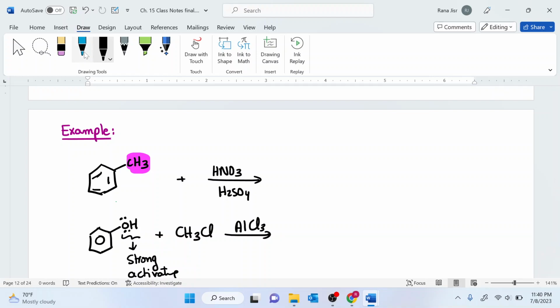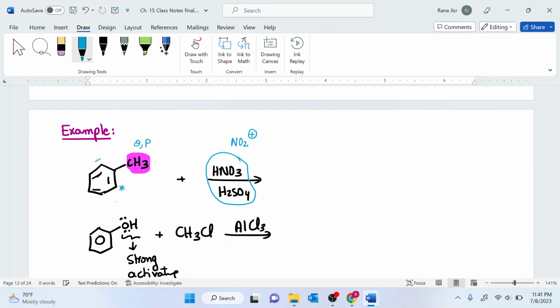That is an activating group, and that activating group directs to the ortho and the para positions, meaning that my electrophile over here, which is made from the reaction of HNO3 and H2SO4, the nitronium ion, is going to add ortho and para to the CH3.